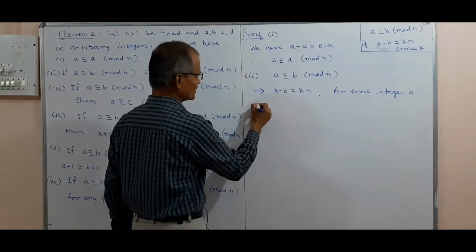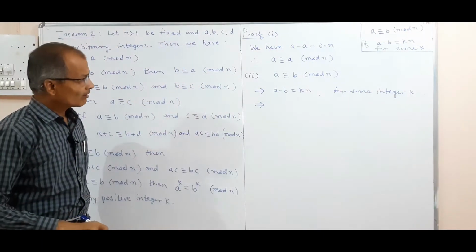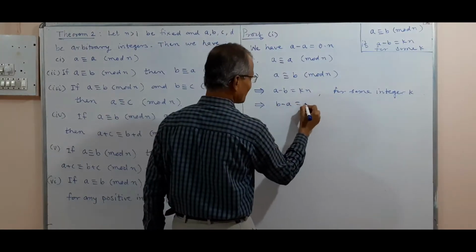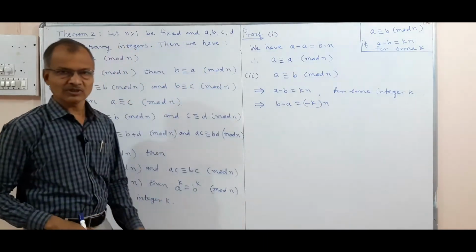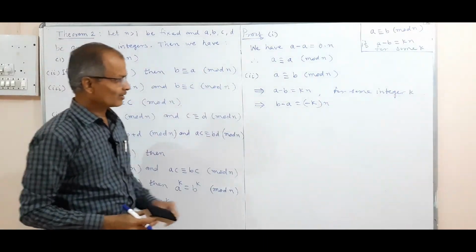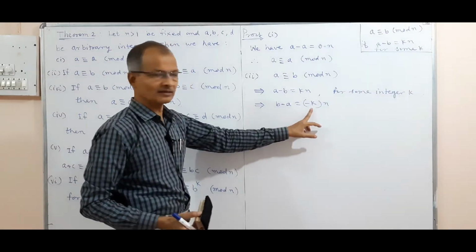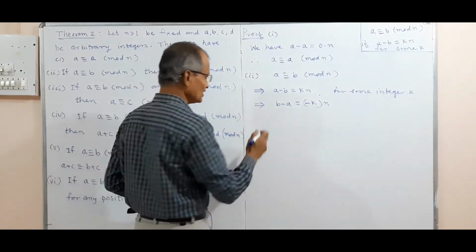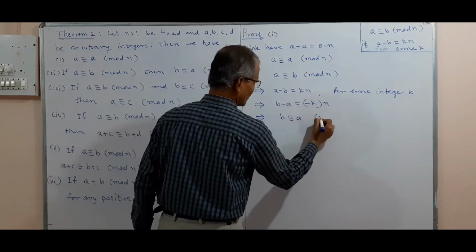Now we multiply both sides by minus 1, which gives b minus a is equal to minus k into n. Since k is an integer, minus k is also an integer, and therefore b is also congruent to a modulo n.